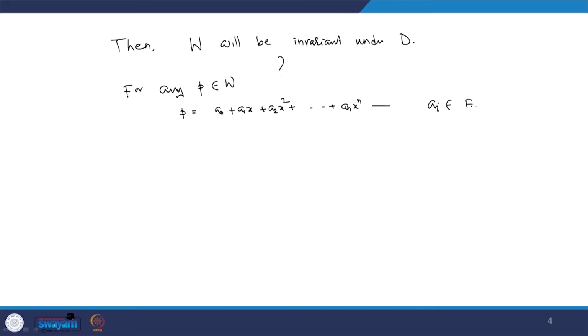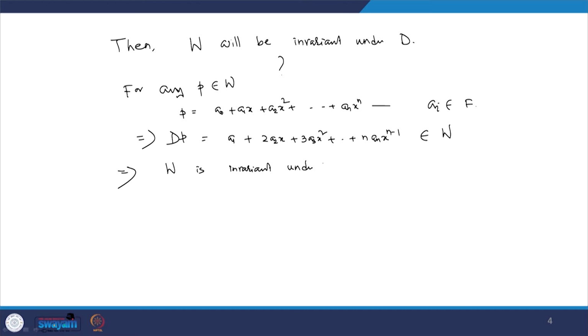So, when the differential operator D operates on P, it will be equal to a1 plus 2 a2 x plus 3 a3 x squared plus up to n an x to the power n minus 1. Will it belong to W? Certainly it belongs to W. So, this implies that W is invariant under D.